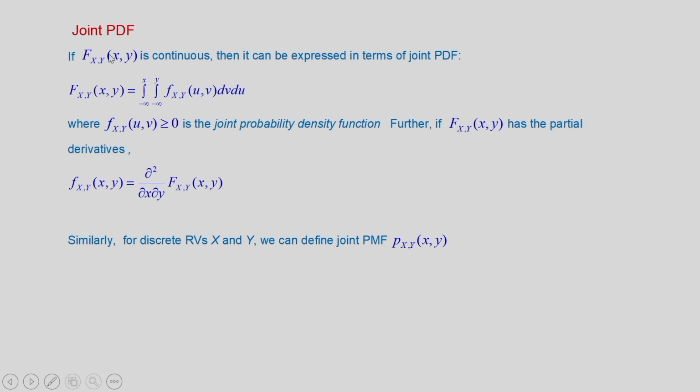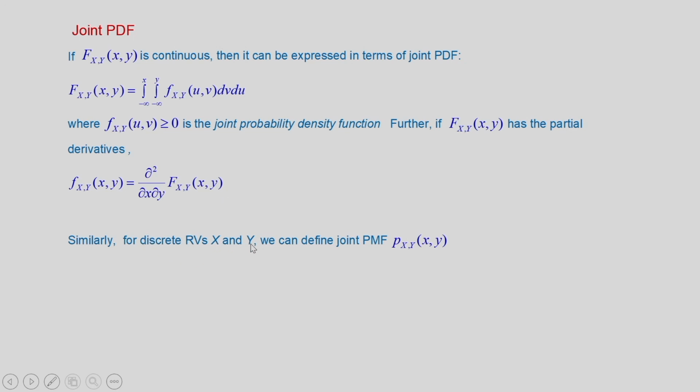Thus, two continuous random variables X and Y can be represented in terms of their joint PDF, small f_XY at point (x, y), defined by this relationship.